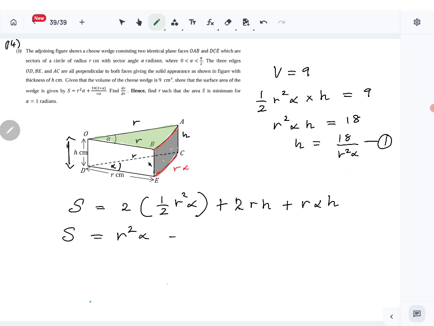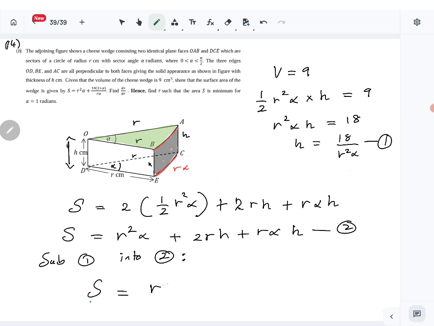plus 2rh plus r alpha h. So then replace h. Sub 1 into 2. You get what? S equals r squared alpha plus 2r times 18 over r squared alpha plus r alpha times 18 over r squared alpha, right?